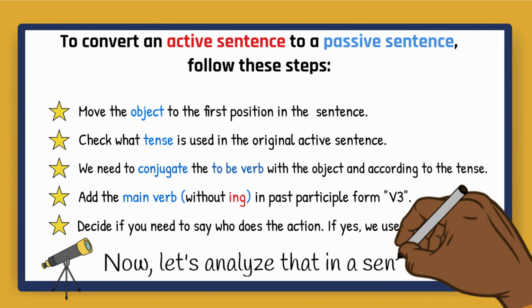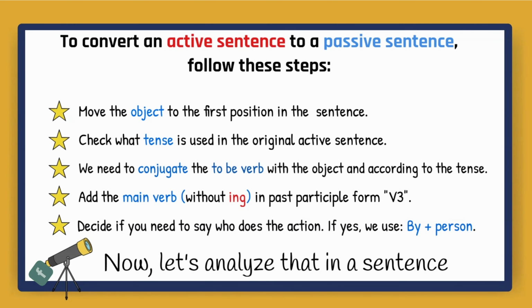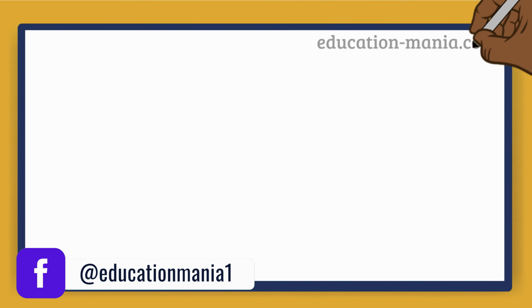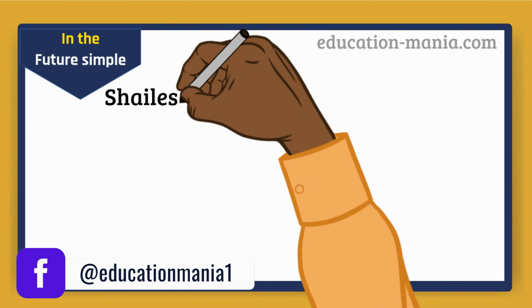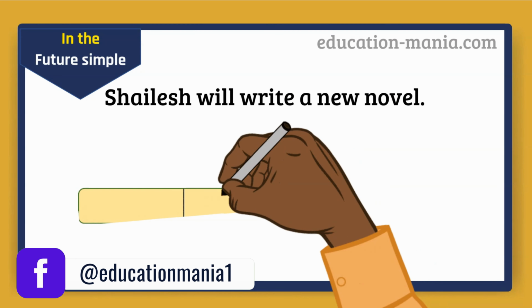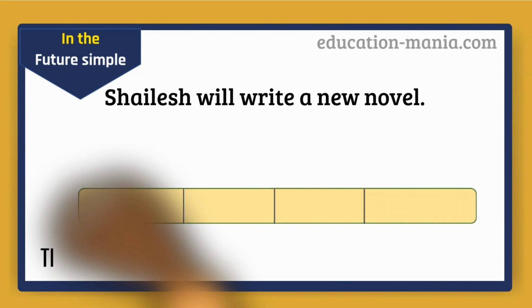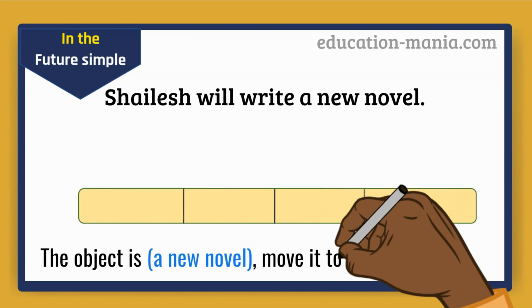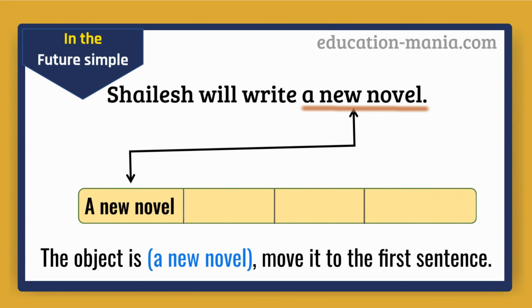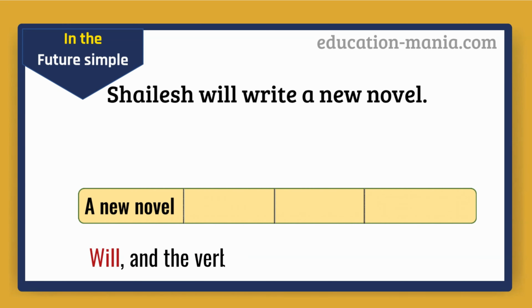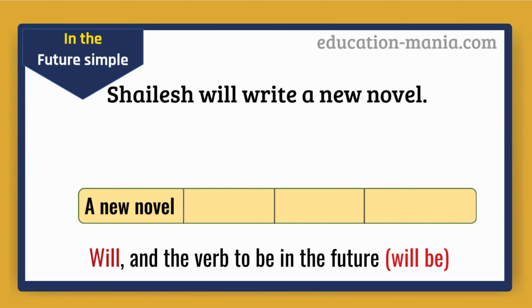Now, let's analyze that in a sentence. In the future simple, Shailesh will write a new novel. The object is a new novel, move it to the first position. Then add will, and the verb to be in the future, will be.